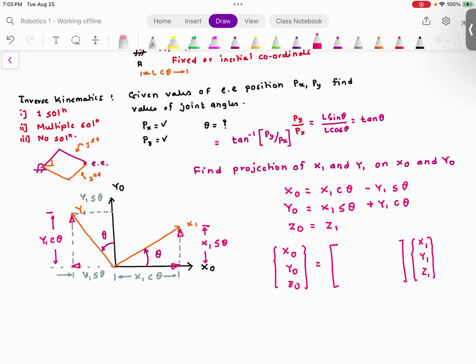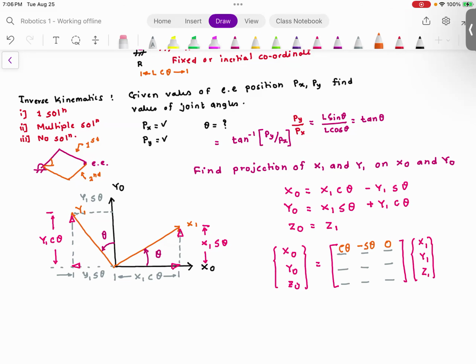So do you agree with me? This is a 3 by 3 matrix, so I need to fill 9 blanks. So what would be here? You agree with me? There will be cosine theta. What would be here? Minus sine theta. You agree with me? Here it will be 0.